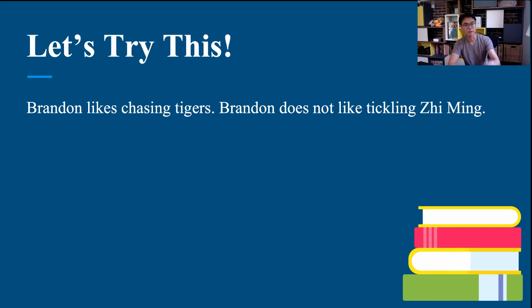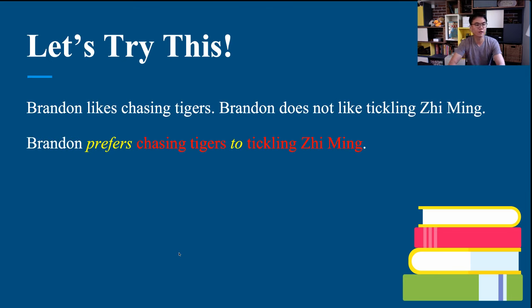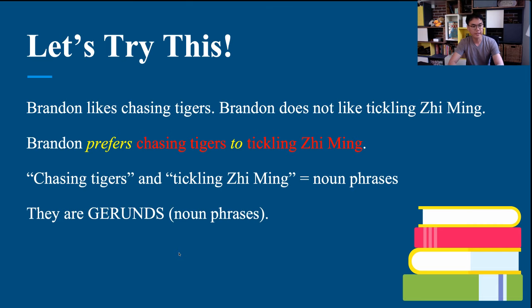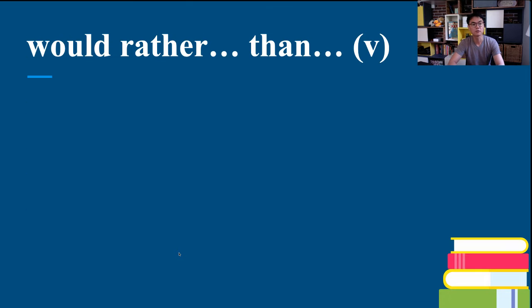They are gerunds, verbs that are functioning as nouns because they've had the suffix ing added to them. Okay, very good. So Brandon prefers chasing tigers to tickling Ziming. And chasing tigers and tickling Ziming are noun phrases because chasing and tickling are gerunds. They're noun phrases, right?